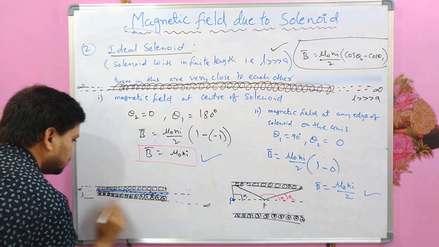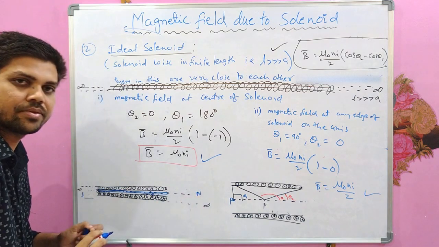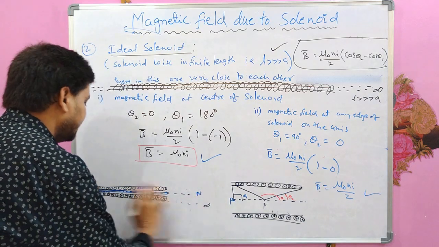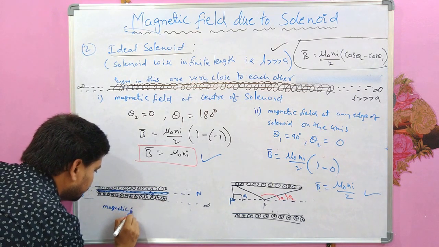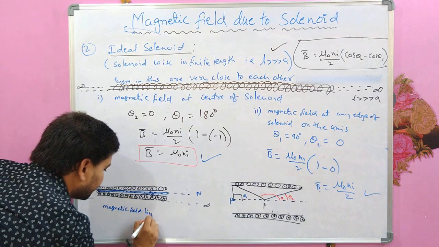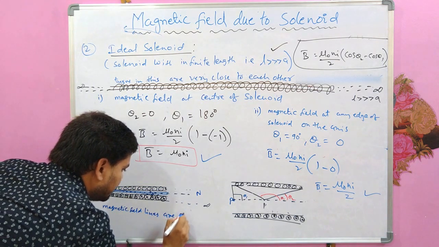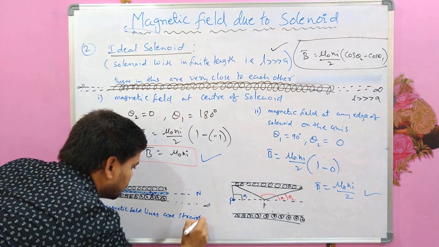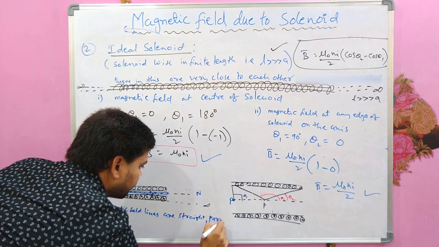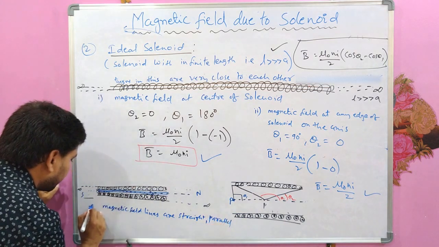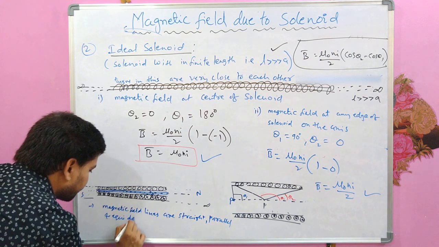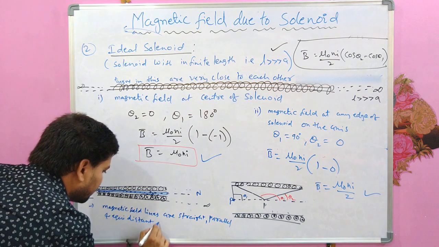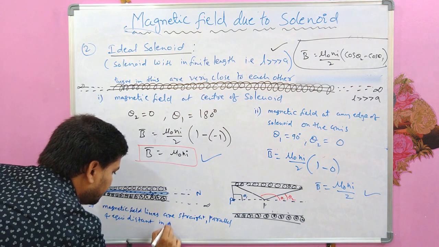This is south, this is north, okay, that is fine. But they are straight. The magnetic field lines are straight, parallel, and equidistant in the interior of the solenoid.